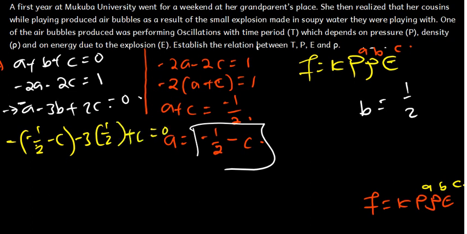What we want to find is C. So we can open the brackets here. We're going to have positive half plus C, minus 3 over 2, plus C is equal to 0.